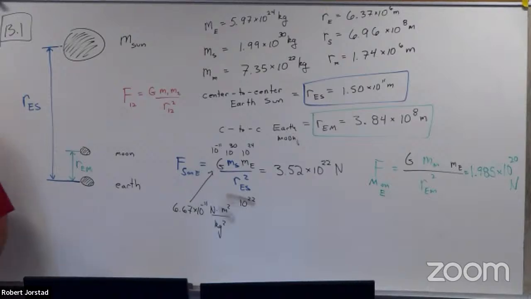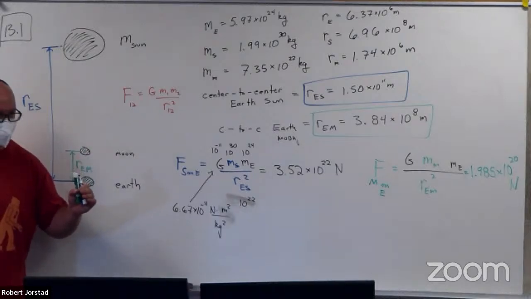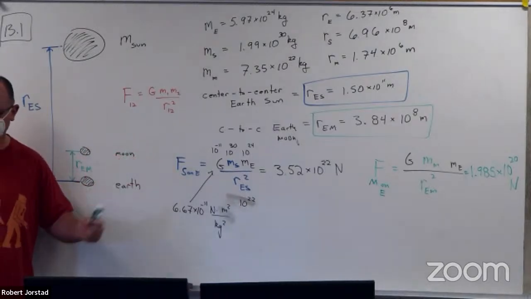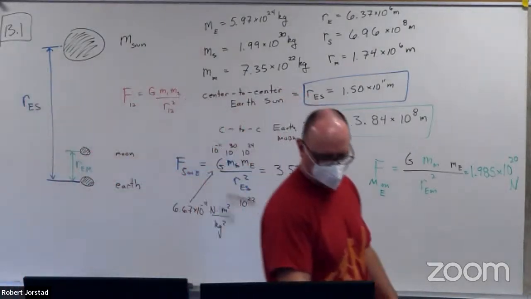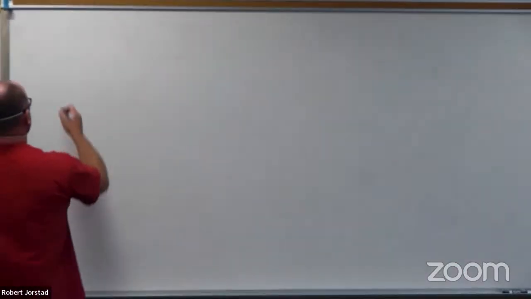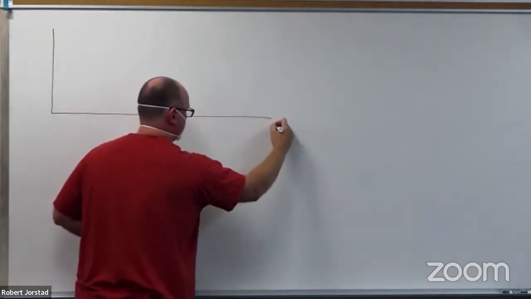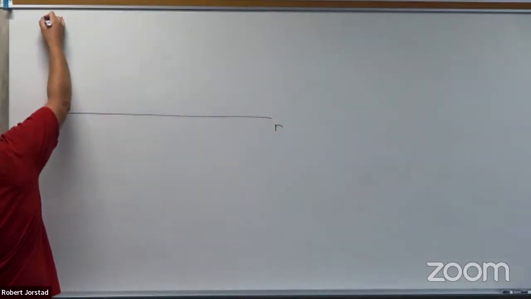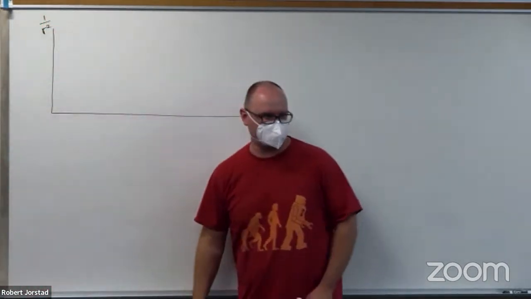No, no. Let me ask you this. Do you agree the equation that governs this force is 1 over r squared times a bunch of constants for each of these forces, right? What does that shape look like? Let's do it over here. Hold on, I want to discuss this here. If this is r, and I plot 1 over r squared, show me with your finger what that looks like.